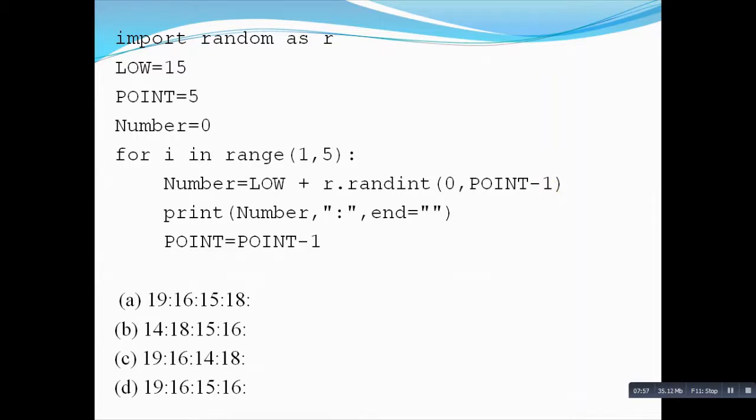So if it happens to be 0, then the minimum value of number will be 15, and if it happens to be 3, then the value that will be stored here is 18. So in the second iteration, anything between 15 and 18 may be generated.